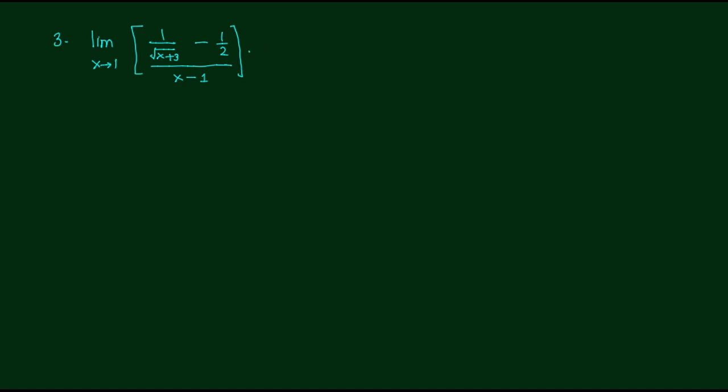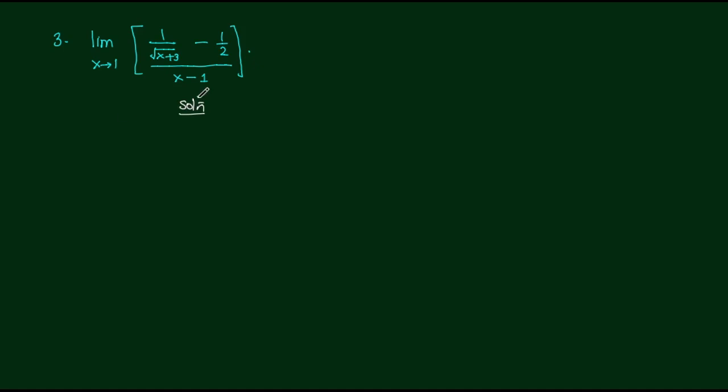So this one is somehow similar to what we have done in the first one, but it's slightly different. So let's try substituting our x with 1. If you place 1 here in the denominator, of course it goes to 0, so it's not possible to work that way. Now we can go the way we knew.